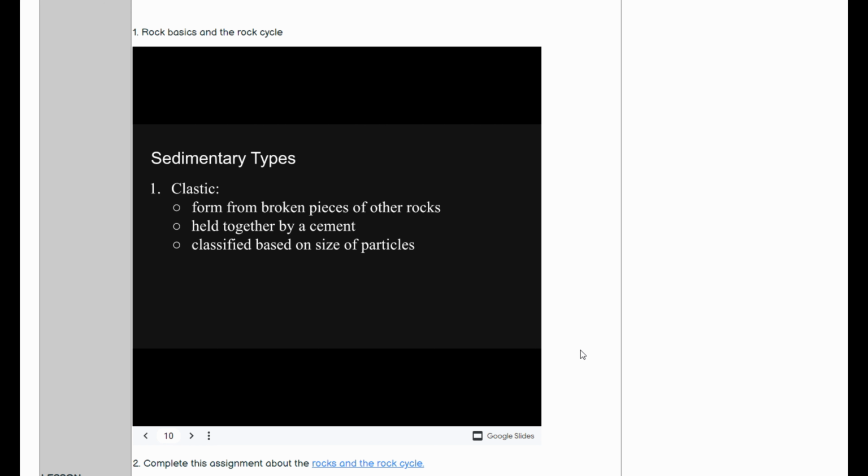And they're going to be cemented together, and so you'll be able to see all of these different pieces and types of other rocks all together in one new rock form. So that is a clastic rock. We classify those based on the size of their particles, so small, medium, large particle clastic rocks.